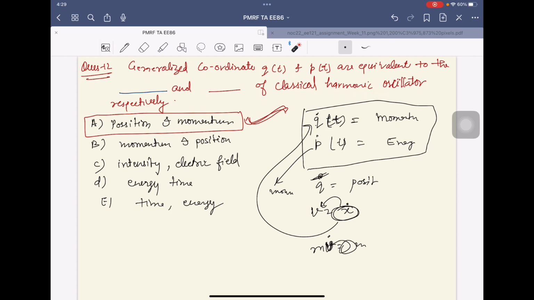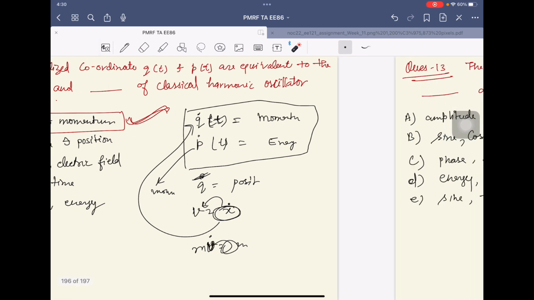The first option is position and momentum, the second is momentum and position, the third is intensity and electric field, D is energy and time, E is time and energy. The correct answer is position: Q(t) is defined as the position, and P(t) defines the momentum in the generalized coordinate. So this will be the correct answer.